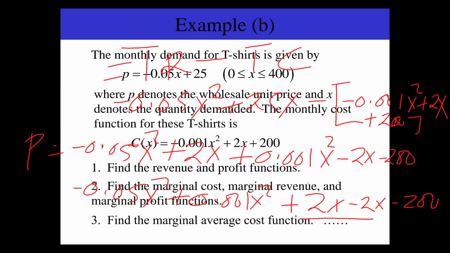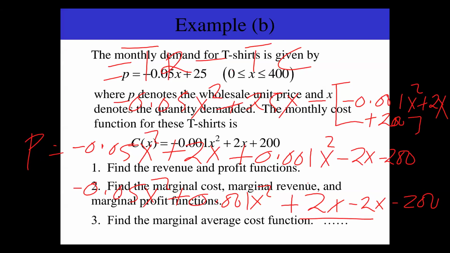Okay, let's do this. It's negative, right? Negative 0.05 plus 0.001 x squared. You can't add this.